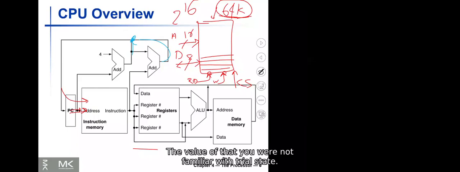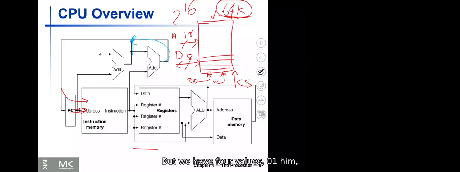You were not familiar with tri-state, so that should be the next one. We actually have 4-value logic in hardware. It is not only 0 and 1. 0 and 1 is a very simplistic way of looking at the bits, the pins, the wires here.